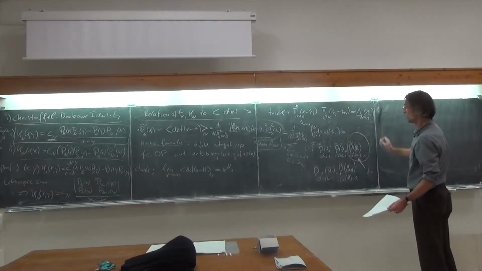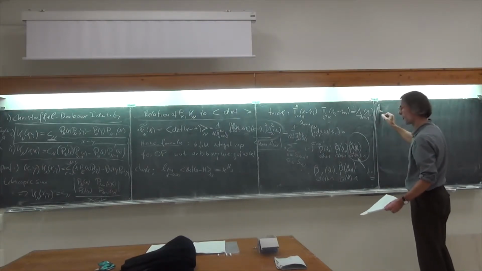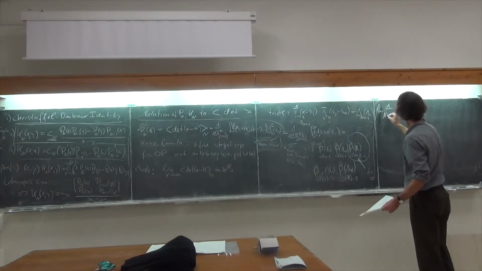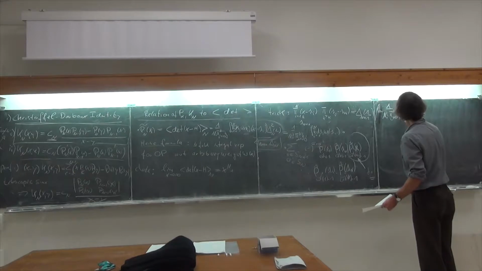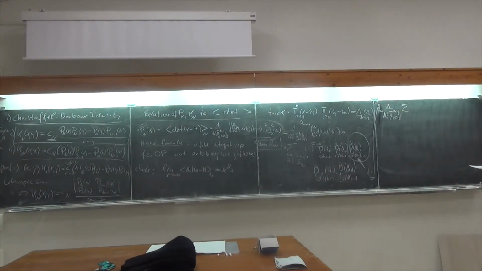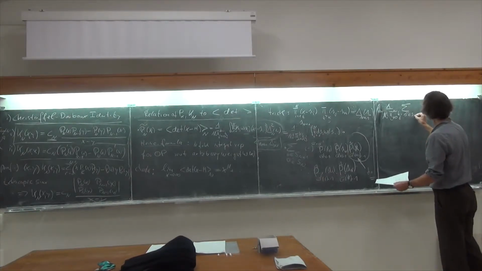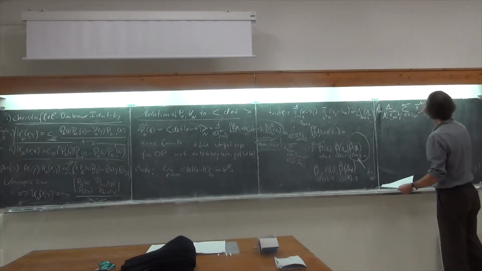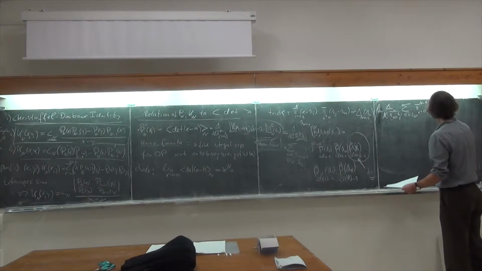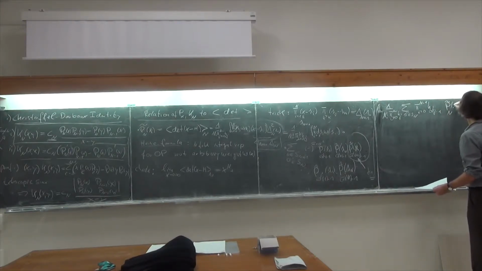So what do we get? We get from here the sum over permutations sigma 1 to n minus 1 h sigma j minus 1 times p of degree n of x.